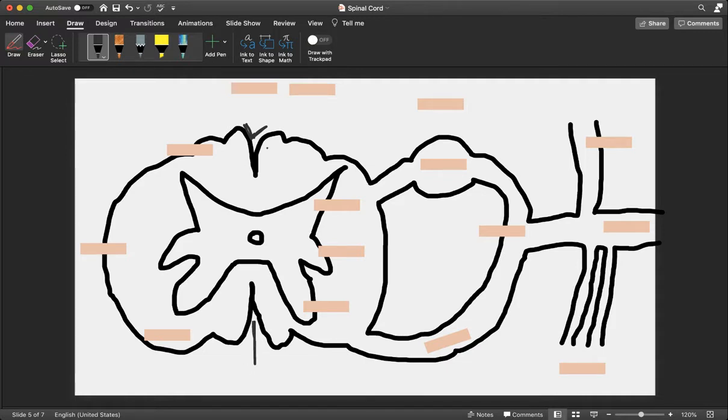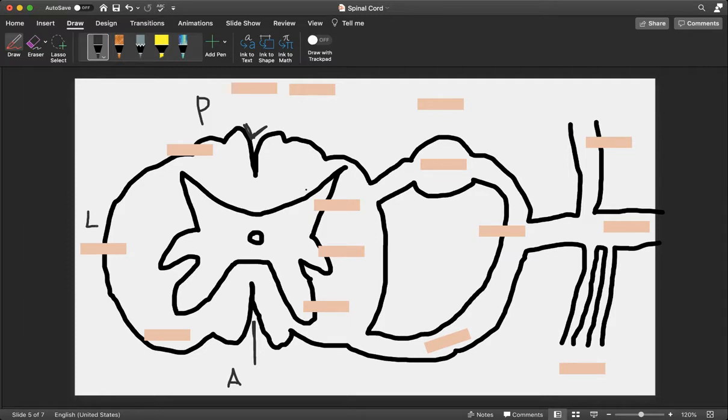These shallow little grooves, those are sulci, and the deeper ones are fissures, okay? So according to our terminology, this would be your posterior median sulcus, and this would be your anterior median fissure. Okay, so that would make this the anterior side and this the posterior side. All right, this would be lateral.